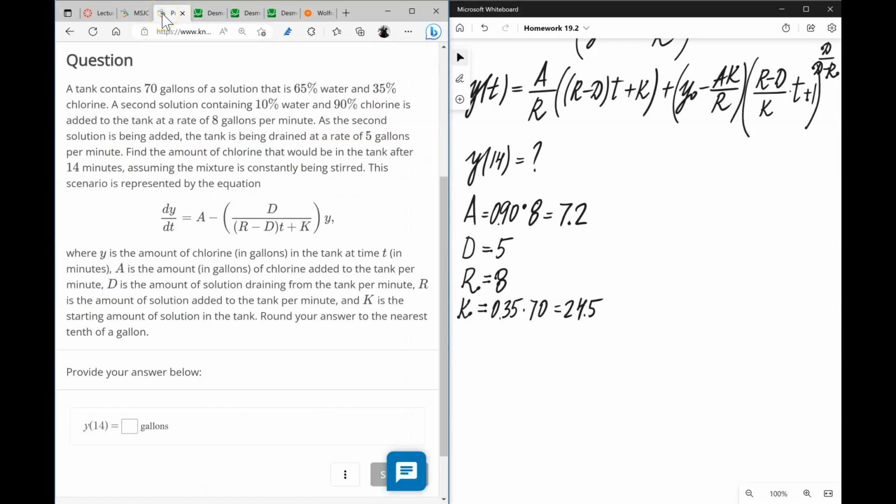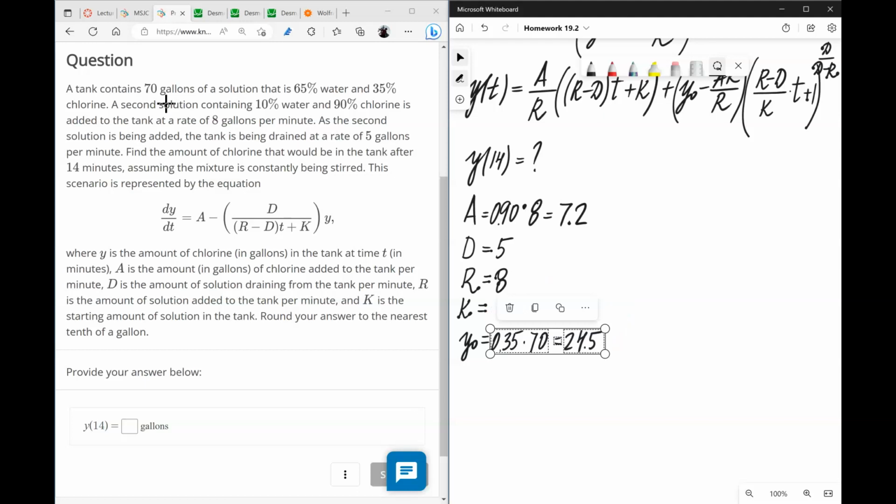And what's the last thing? Y0. Y0 is the initial condition, so what we just found was Y of 0. That's how much chlorine was in the tank. But K is the starting amount of solution, which is 70 gallons.